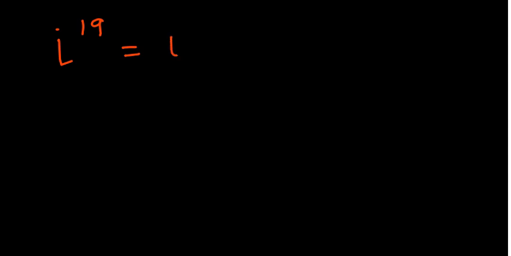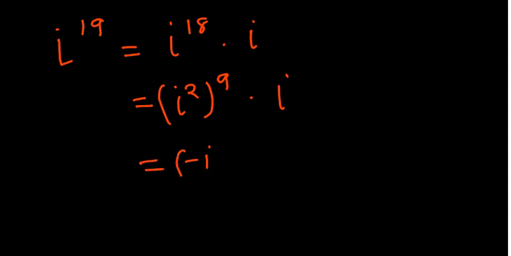Okay, we'll try. So i to the power 18 multiplied by i. Now pull out, we'll remain with 2 inside, so we'll remain with a 9 from outside. So inside we have negative 1 to an odd power, so that is still going to be a negative, so negative i. Good. Is that okay with everyone? Yes.